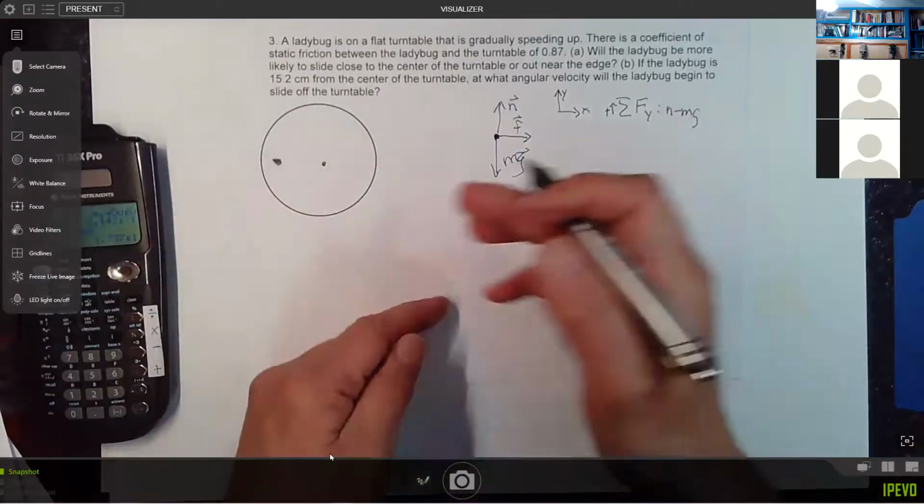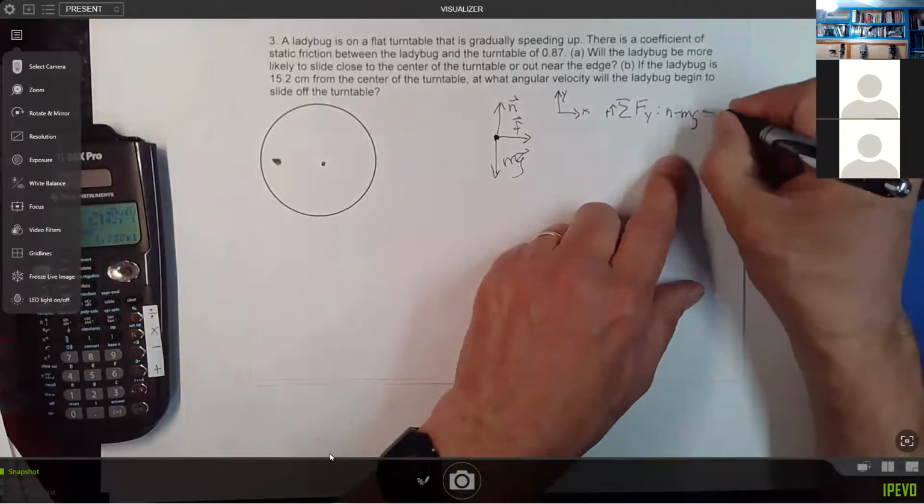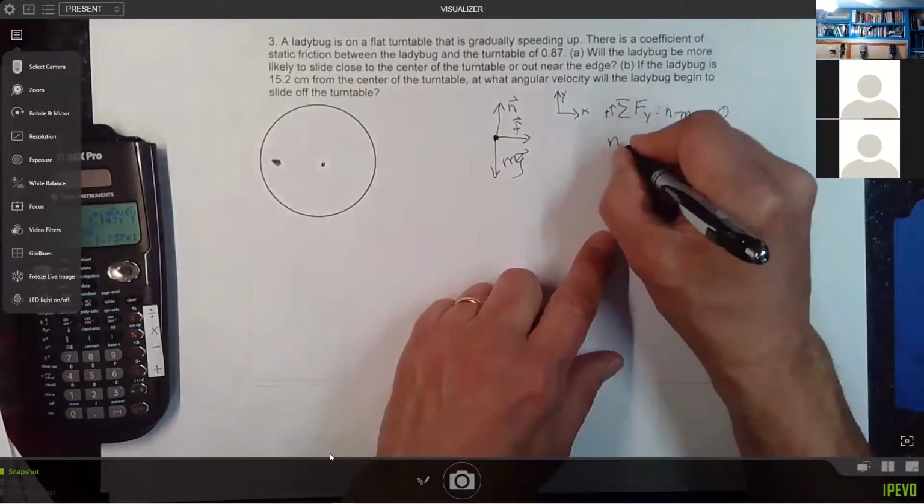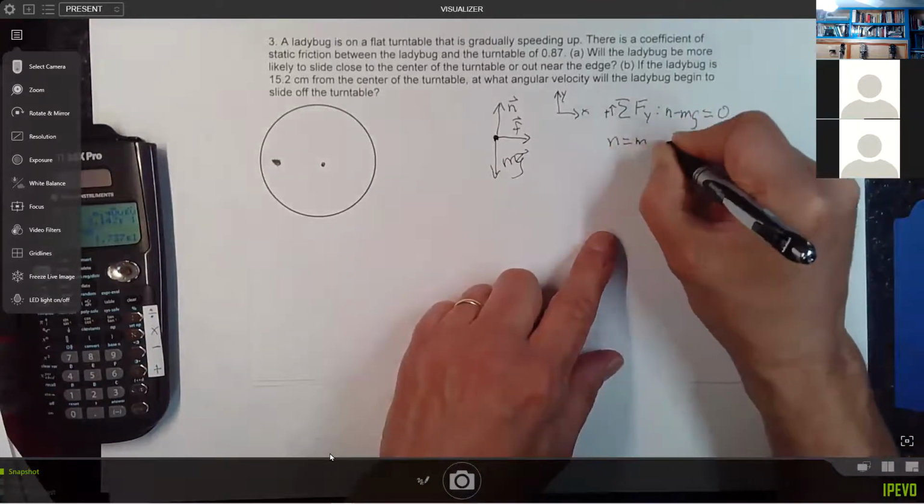It's all going to be in the sideways direction. So those will equal 0, or the normal force is going to equal mg.